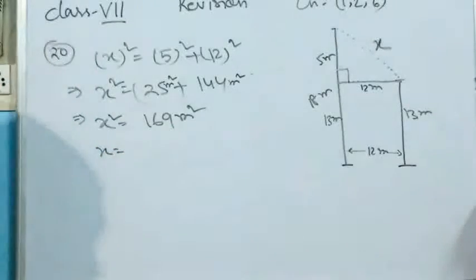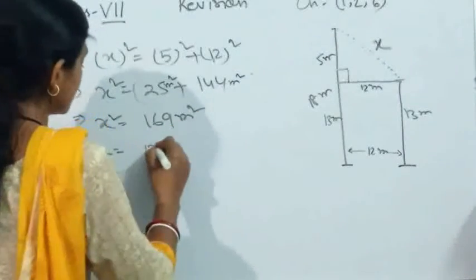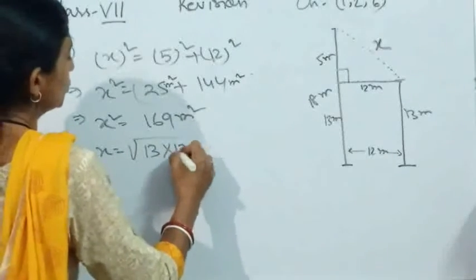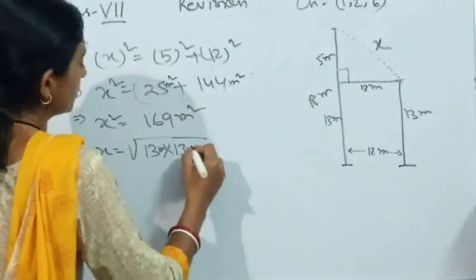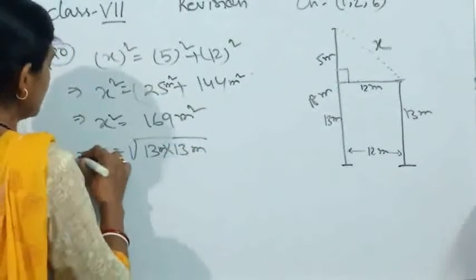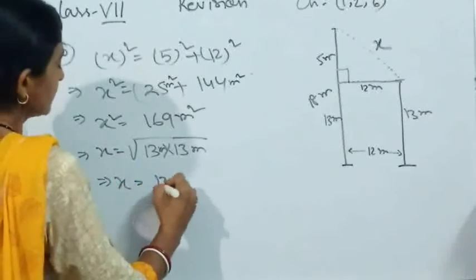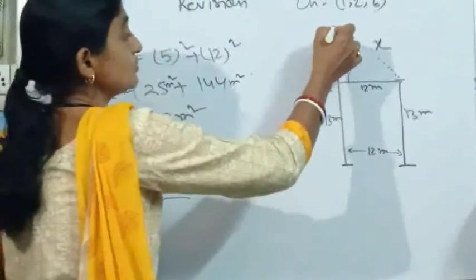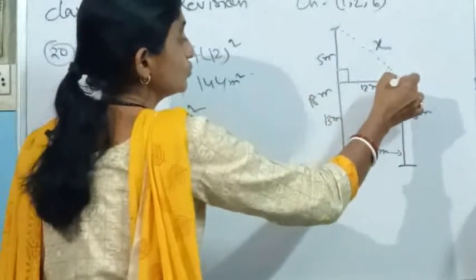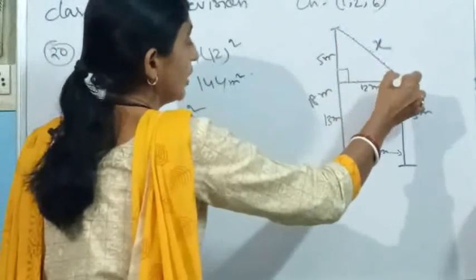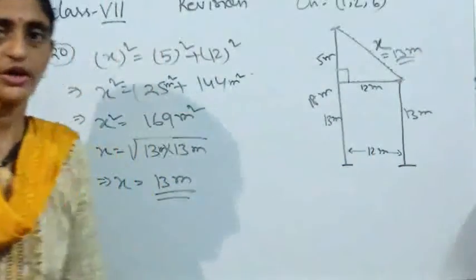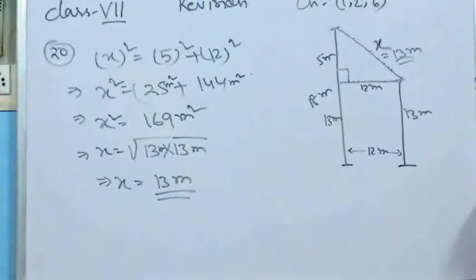We have to go for the factorization, and here you can see it is 13 into 13, meter as well. So x equals 13 meter. So the distance between their tops is 13 meter. I hope you can solve all the questions. So let's try for the rest.